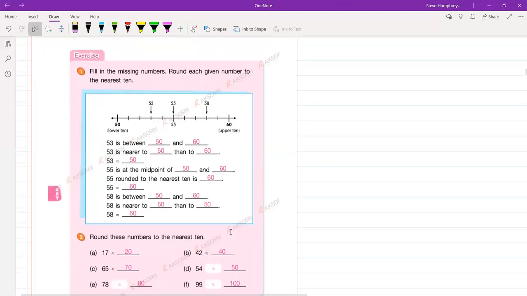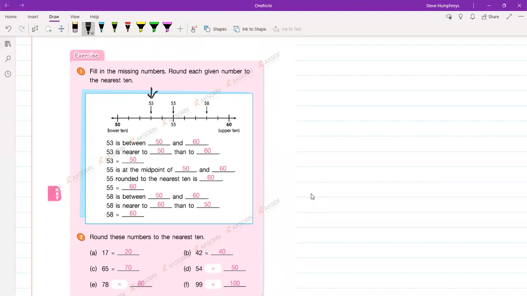Page 28. Fill in the missing numbers, round each given number to the nearest 10. Okay, you need to use the number line here. So, what are we doing here? 53 is between 50 and 60.